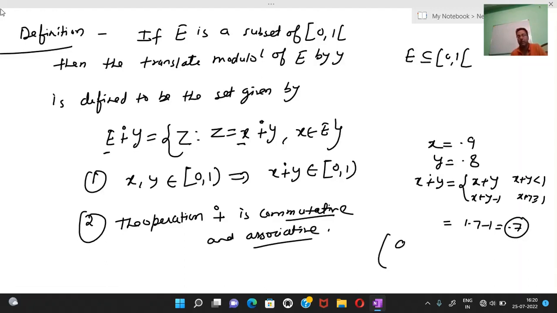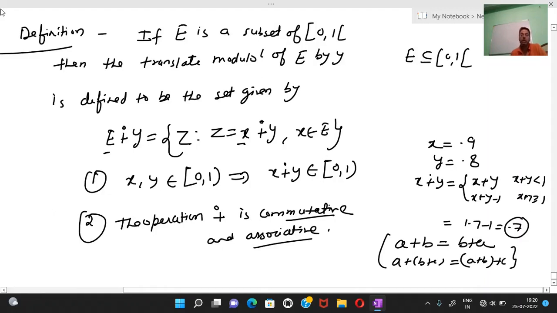We know that commutative is a plus b equal to b plus a, and associative is (a plus b) plus c equal to a plus (b plus c). Okay, here this is given.